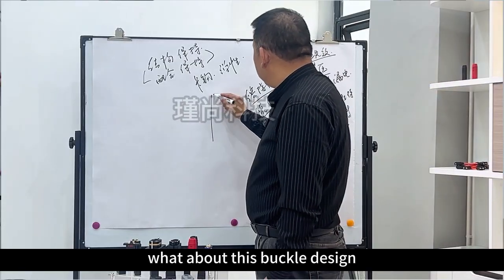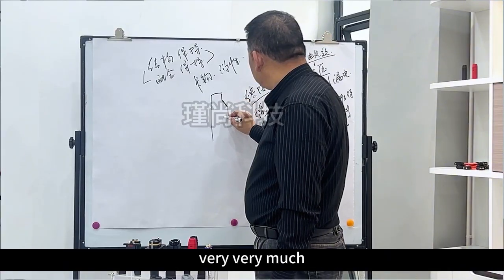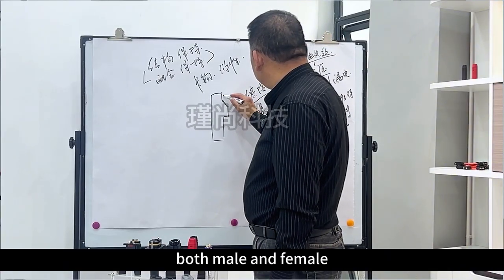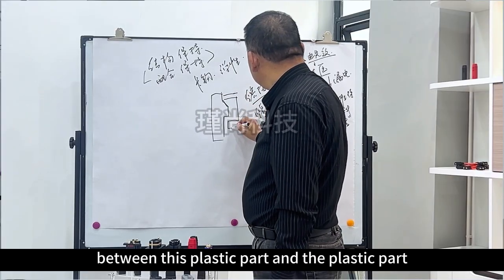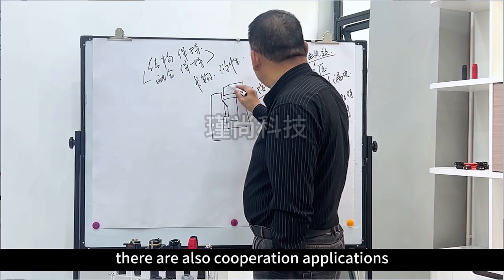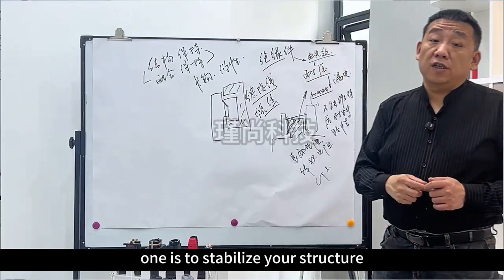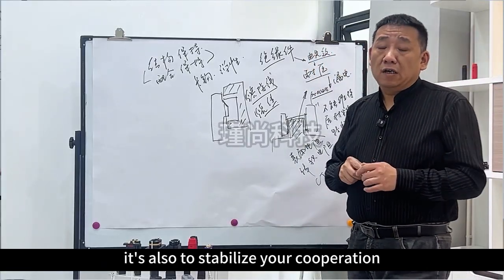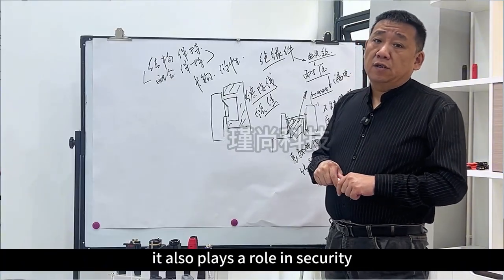This buckle design is applied in our connectors very, very much. Both male and female. Between this plastic part and the plastic part, there are also cooperation applications. One purpose of this design is to stabilize your structure, it's also to stabilize your cooperation, and it also plays a role in security.